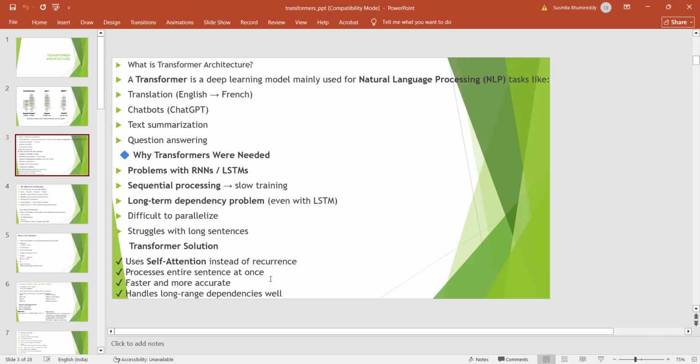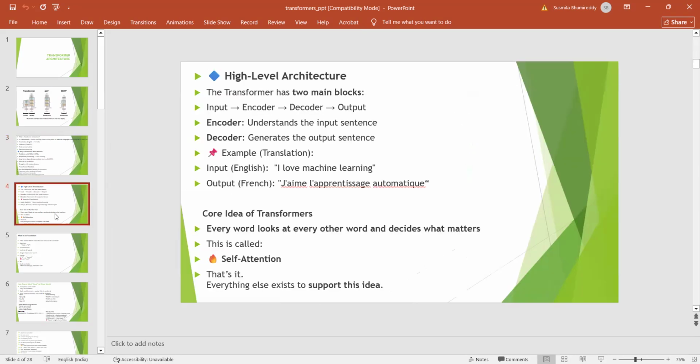Whenever it reads all the words at a time, it is faster and more accurate also. So it won't forget the previous words, and it can handle long range dependencies well. So this is the architecture, and why we are using this architecture of transformers.